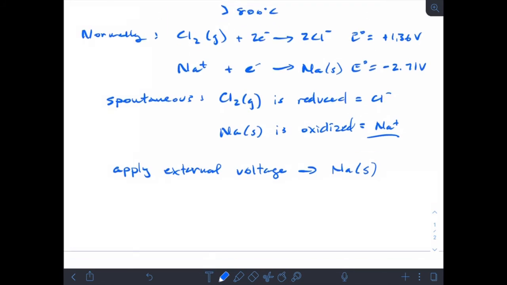So applying the external voltage, now I would have sodium ions reduced to solid sodium, and I would have chlorine ions oxidized to chlorine gas.